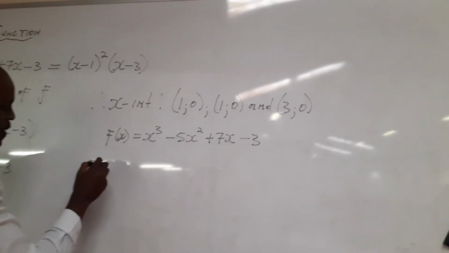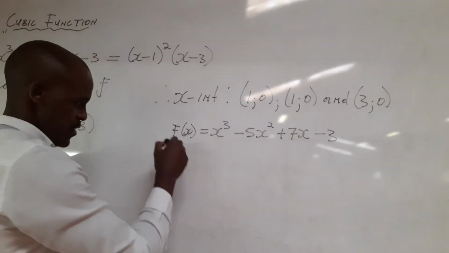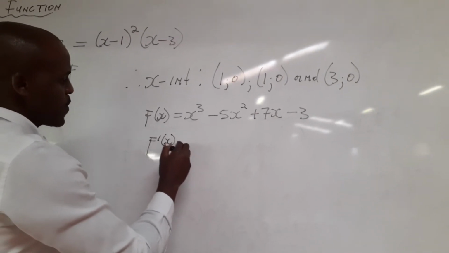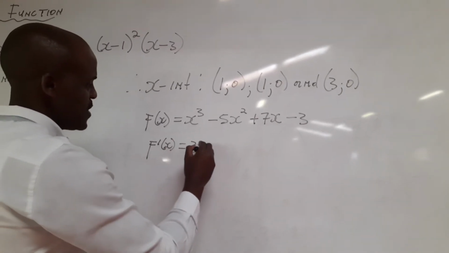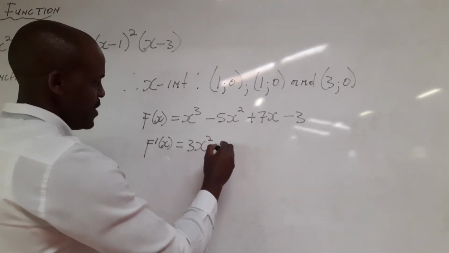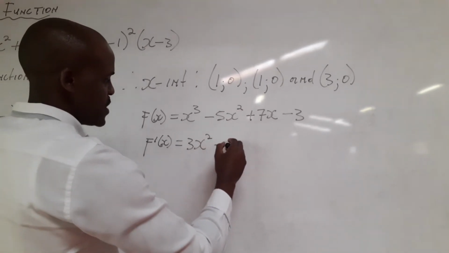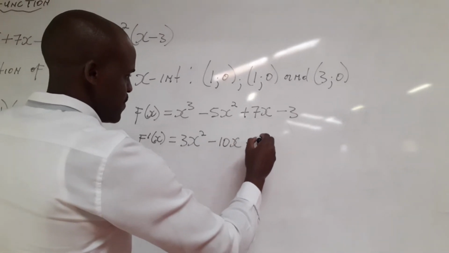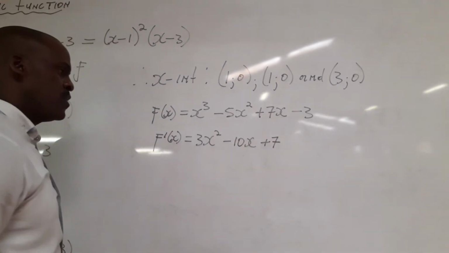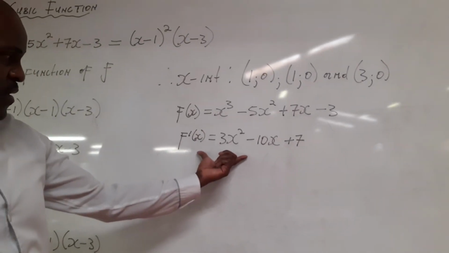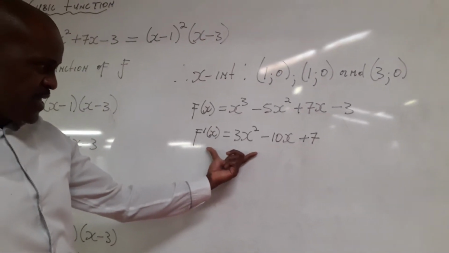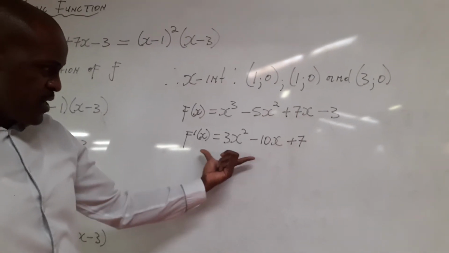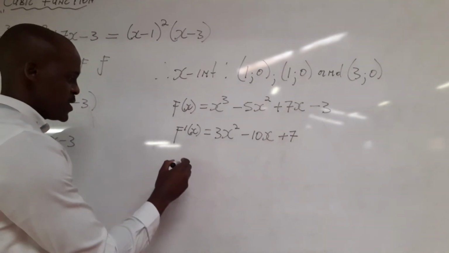For the stationary point, we differentiate: this will be 3x squared minus 10x plus 7. This is the gradient of a tangent. The gradient of a tangent at a turning point is 0.